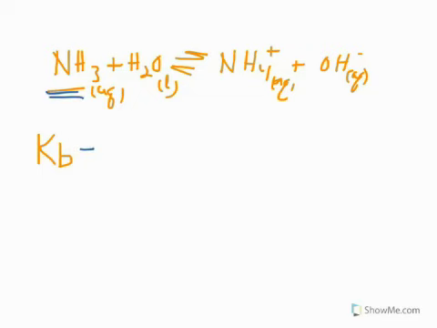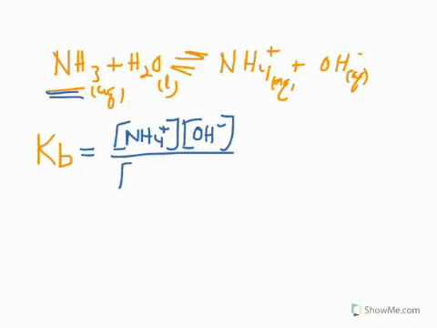So Kb is going to be equal to the concentration of NH4 plus times the concentration of OH minus to the first power, but anything to the first power is that thing, so we don't put that in, divided by the concentration of NH3 to the first power times the concentration of H2O to the first power, which is 1.